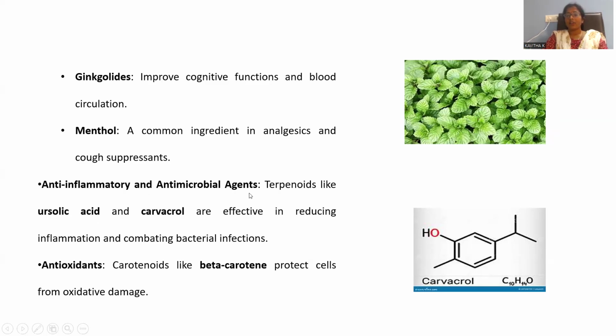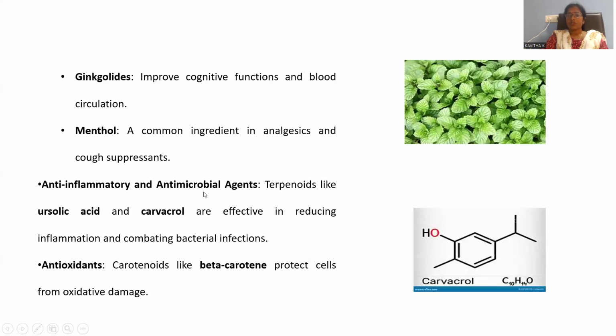Anti-inflammatory and antimicrobial agent. Inflammation is wherever, for example, if we get any kind of injury, what happens? There is pain, and along with the pain there will be a kind of swelling. So reddish swelling, we can notice, is due to muscular damage to the muscles, that causes inflammation.